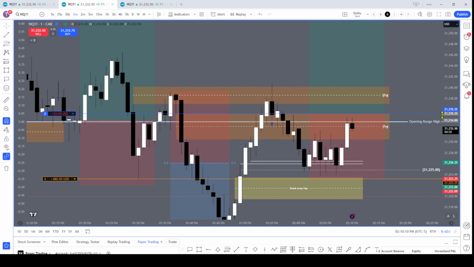We actually closed above the midpoint, which is a good sign. Closed above the consequent encroachment of this inversion fair value gap.